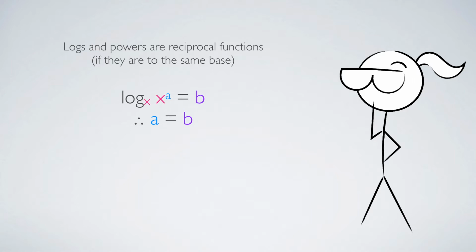If I go log to the base x of x to the a, that's just the same as me saying a, because the log to the base x and the x to the power have cancelled each other out. And because of commutativity, I can say that x to the log to the base x of a is equally a.